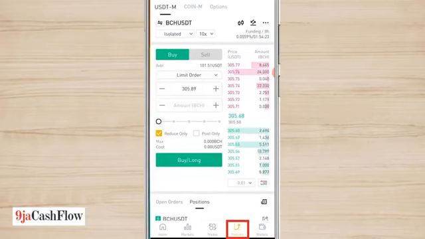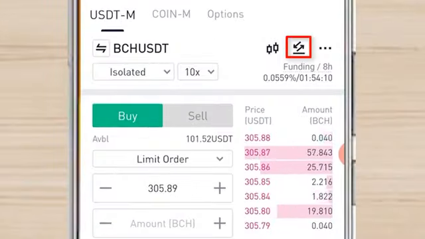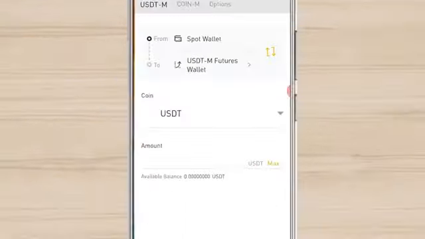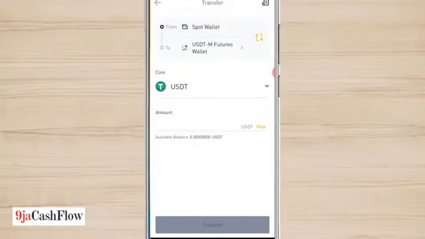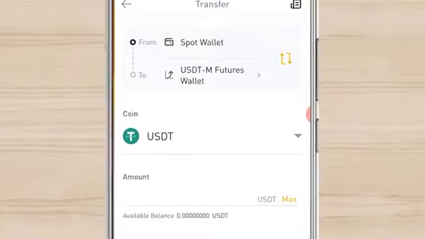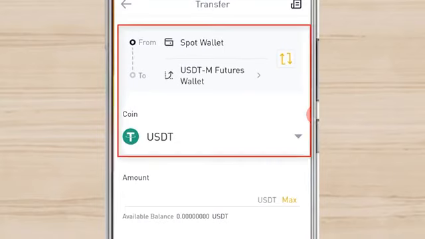Now, to use the Futures platform, you must have USDT, which stands for Tether US. And what you need to do is to click on this parallel arrow, one going down, one going up, to transfer. So you transfer your USDT from your spot wallet to your USDT futures wallet.